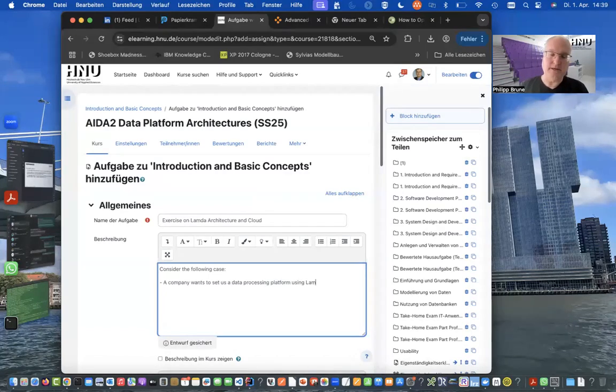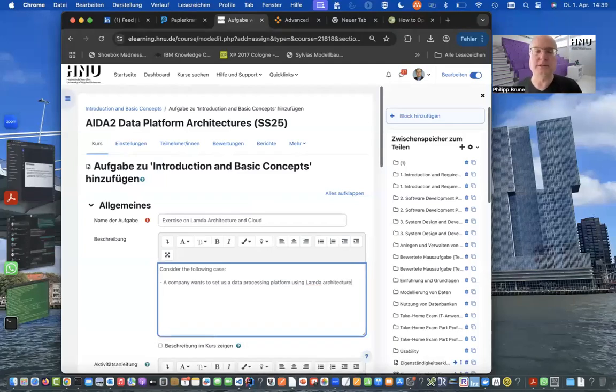They want to use the Lambda architecture. So in general, it should be Lambda architecture. They plan to do it themselves, so they don't want to use a ready-made thing. They want to have a complete open source approach.